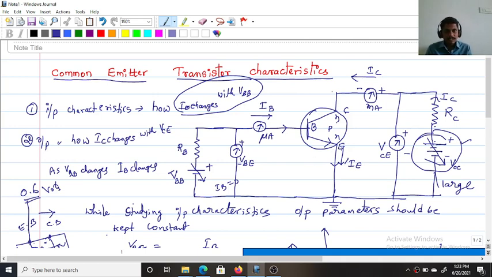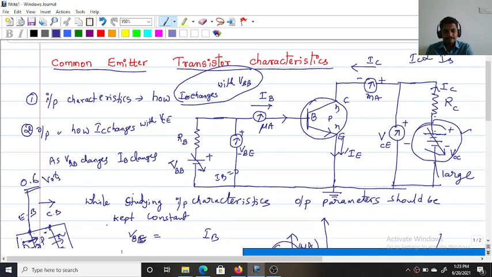Here IC depends on IB only. If IB is 0, the collector current is 0, whatever voltage you apply. It is not ready to collect the electrons, so there is no collector current. The gate cannot be opened here.